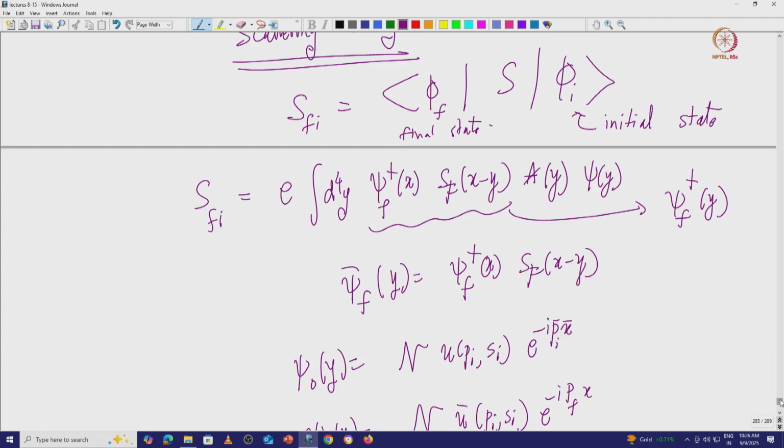There are other advantages. If you have some sort of non-relativistic potential, in that case also the Green's function methods work very well. That is the entire point, that Green's functions work very well for the non-relativistic potential also.